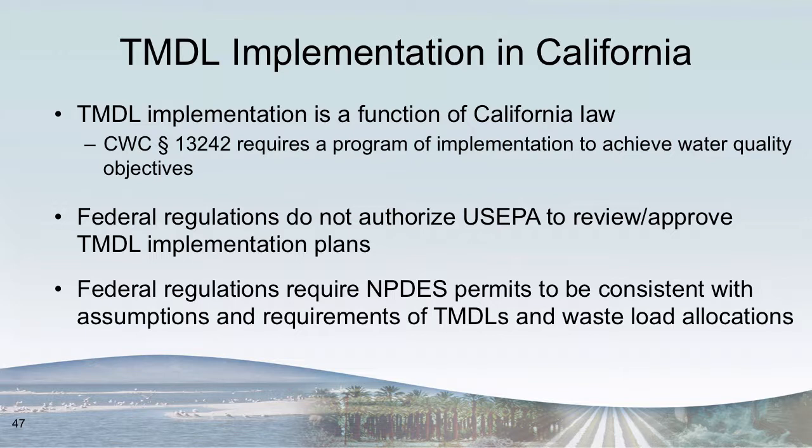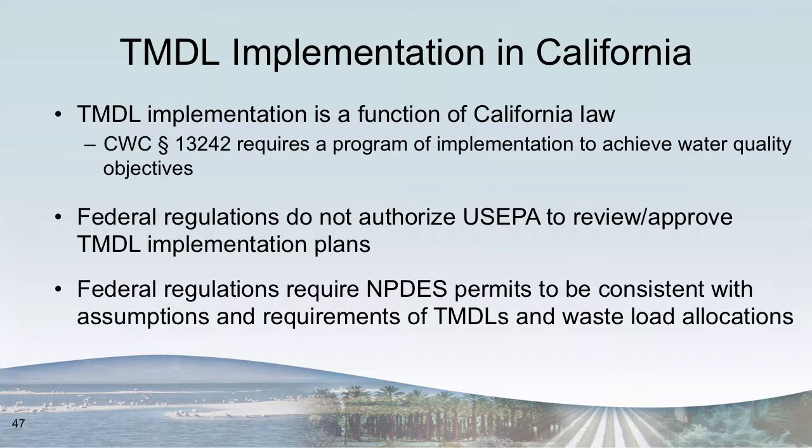The US EPA's regulations do not provide for US EPA approval of those implementation plans, because again, it's under California authority. But the federal regs do require implementation of a TMDL for point sources, as you learned this week, because NPDES permits must be consistent with the assumptions and requirements of the TMDL and any waste load allocations incorporated in them.